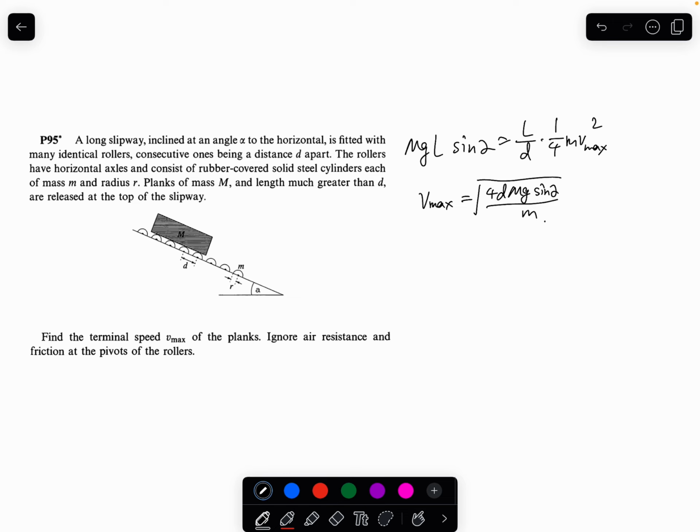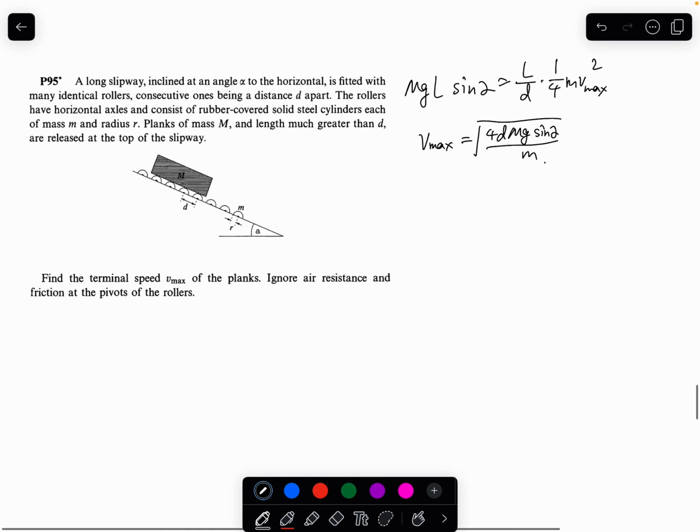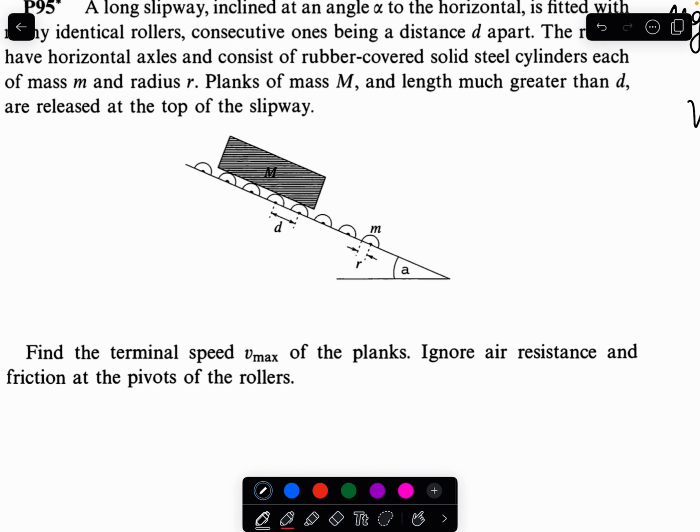So we should focus on how the roller is accelerated. Denote by F_t the kinetic frictional force between a single roller and the plank.